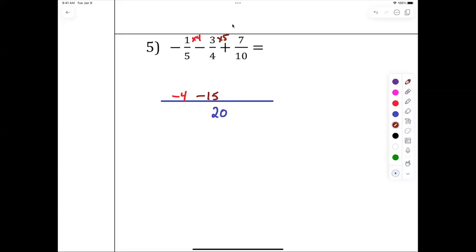And then finally, what am I multiplying the third one by? I have 10. I need it to be 20, so 10 times 2. If I multiply that by 2, it becomes what? That's why it's 20.